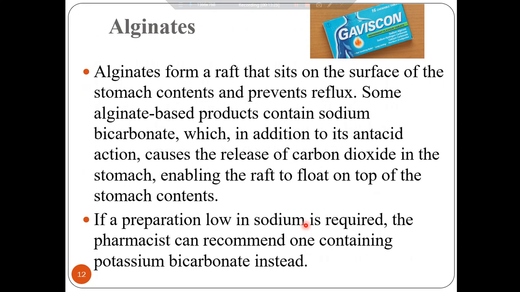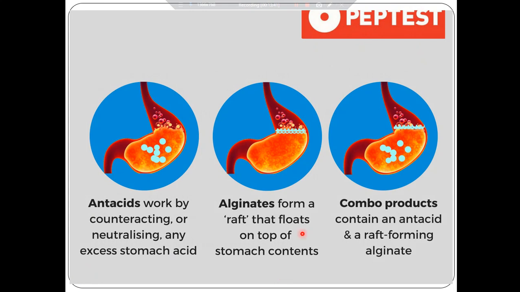If low sodium is required, the pharmacist can recommend one containing potassium bicarbonate instead of sodium bicarbonate. And this is alginate here, in a raft form that floats on top of the stomach contents, so that it prevents reflux of the gastric contents from the stomach to the esophagus.